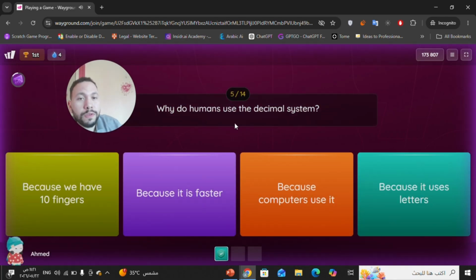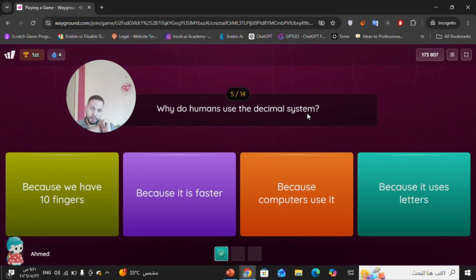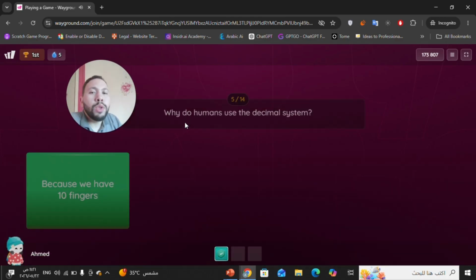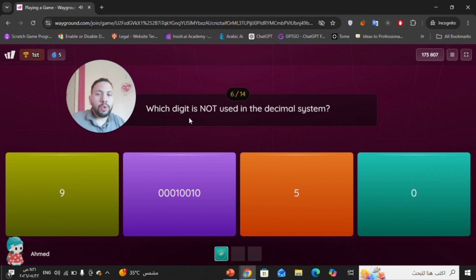Why do humans use the decimal system? Because we have 10 fingers, or because it is faster, or because computers use it, or because it uses letters. The decimal, because we have 10 fingers. Which digit is not used in the decimal system?